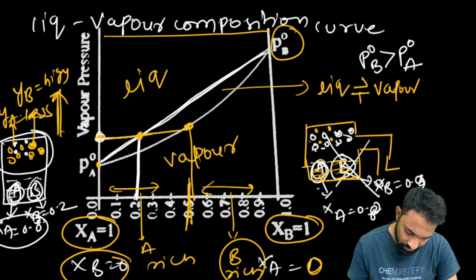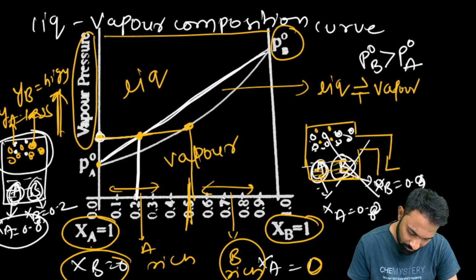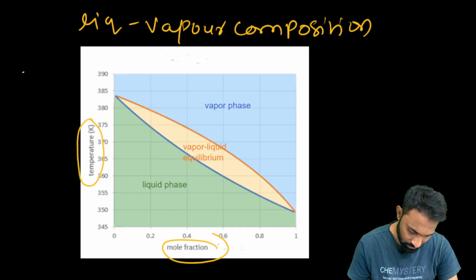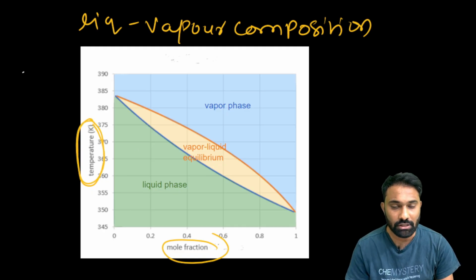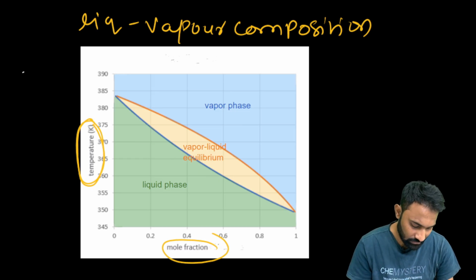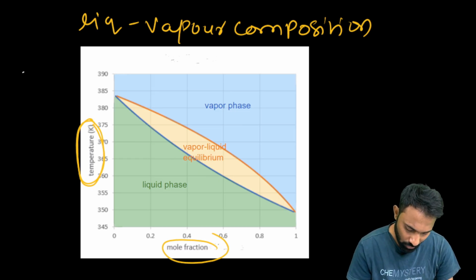Before, we saw it on the basis of vapor pressure and mole fraction. Now this graph is on the basis of temperature and mole fraction. Now you see how we can read this graph.